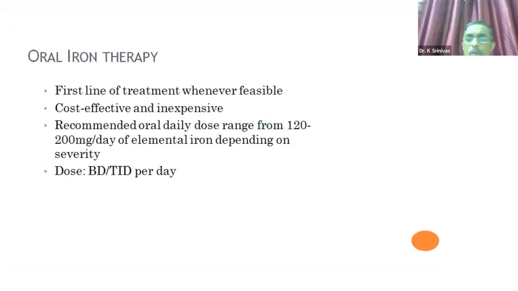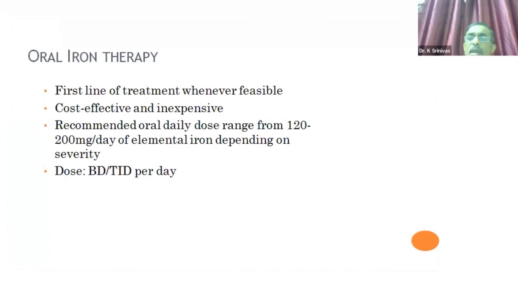Please remember, for prophylaxis I used to say 60 to 100 milligram elemental iron. For oral iron therapy, it's almost double, 120 to 200 milligram per day. It could be BD or TID dose. Why I have written BD or TID is that if we are giving a 60 milligram tablet, you give 3 tablets to cover around 180 milligram per day.